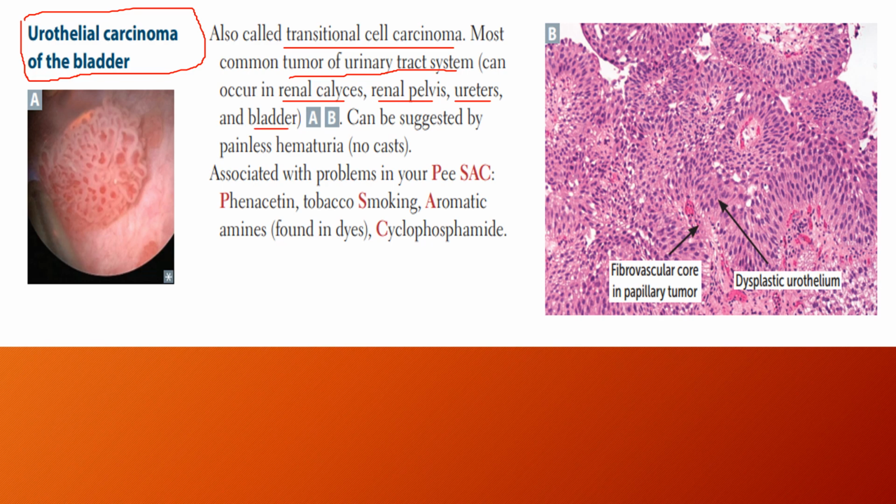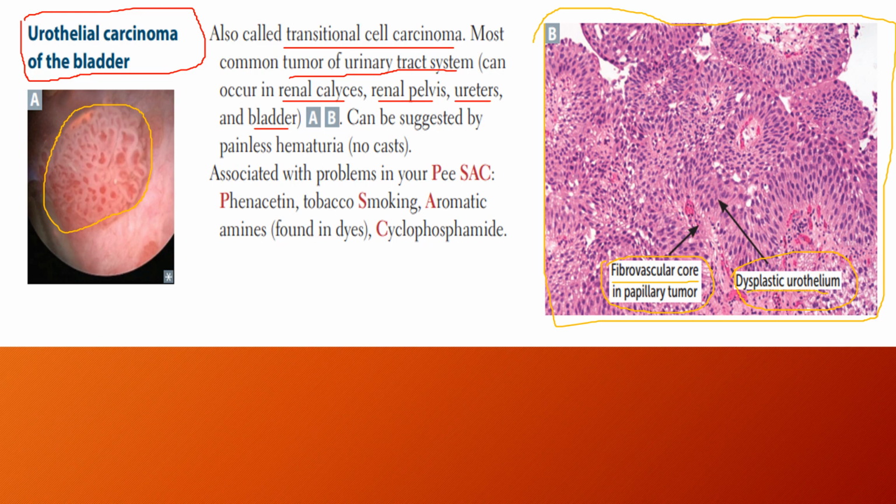As you can see in this image, it shows the transitional cell carcinoma, and in this image you can see the microscopic changes as it presents a fibrovascular core in papillary tumor and dysplastic urothelium instead of the transitional urothelium. Please do remember this: fibrovascular core and dysplastic urothelium.